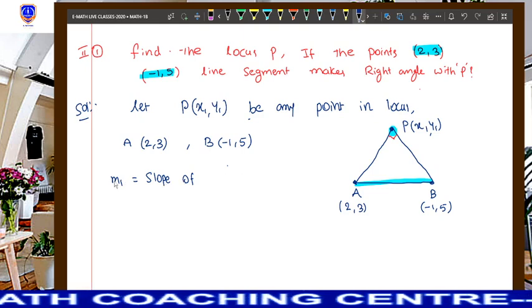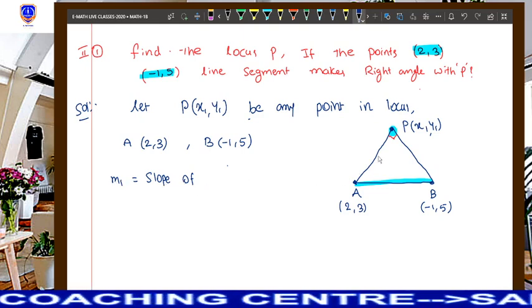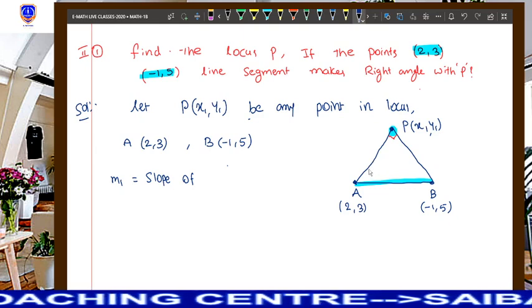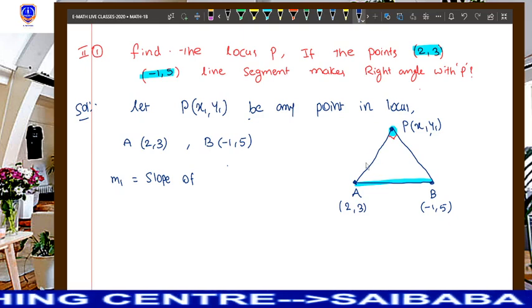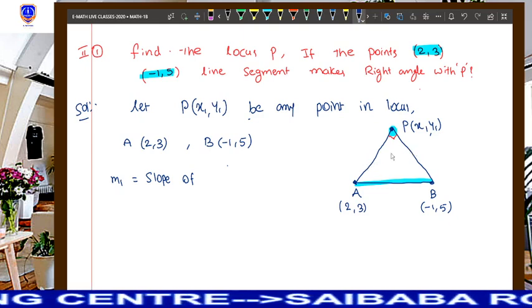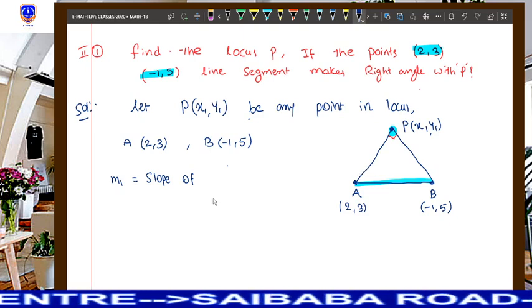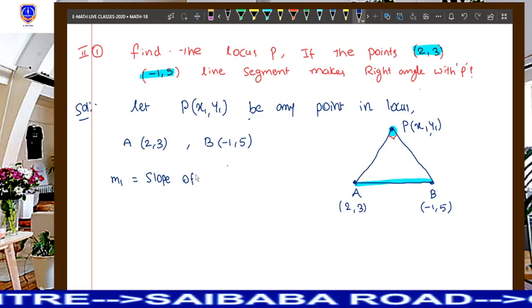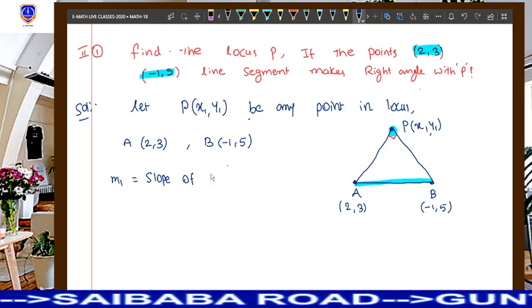So yes, we can have two different methods, but the first method, the Pythagorean theorem, is a little bit tougher and more lengthy. So I am using this slopes method. M1 equals slope of PA bar.